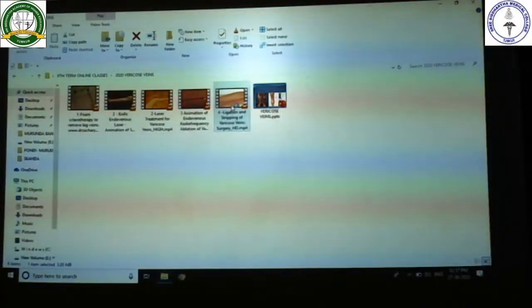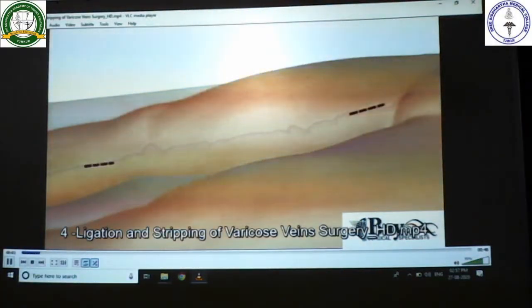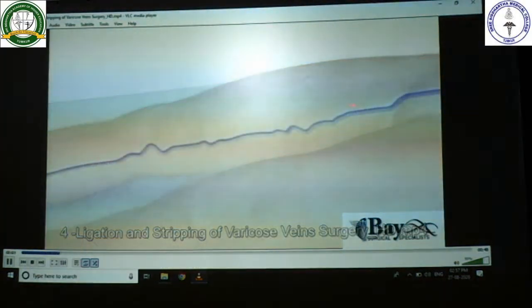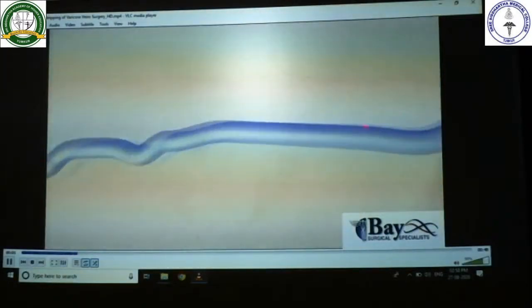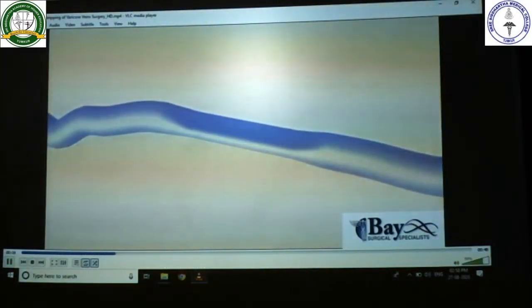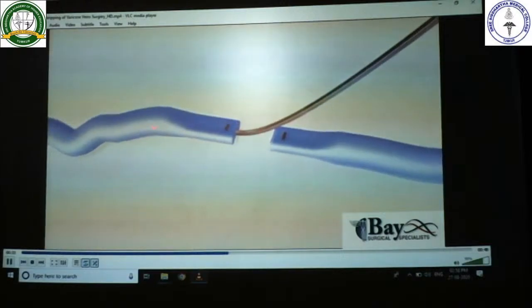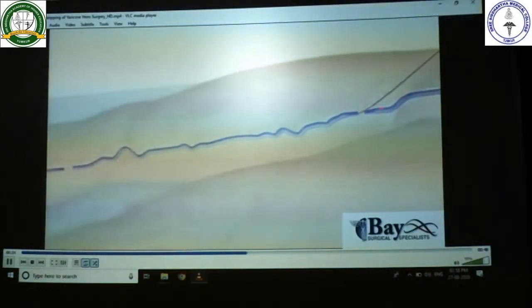And one more is ligation and stripping of the varicose veins. This is open surgery. Here what we are doing routinely, this is the long saphenous vein. Here we will put an incision at the groin region, and then after tying all the communicating branches, they will disconnect it. Then they will pass the guide wire, and this is called ligation.